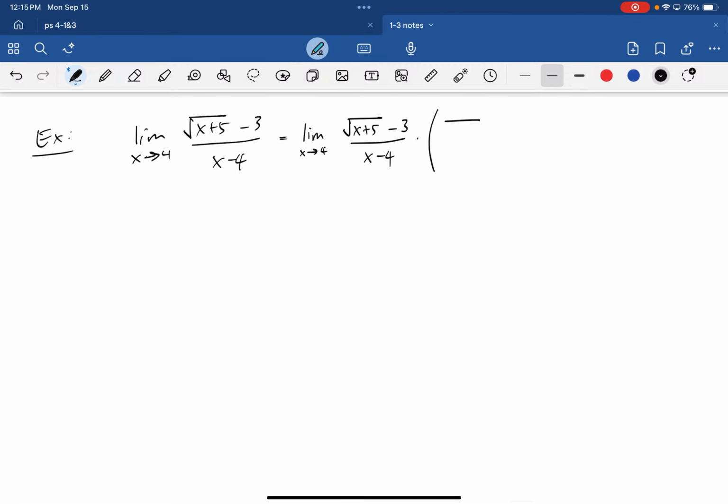What we're going to be doing is multiplying both top and bottom by the numerator except with the minus sign switched with the plus. So square root of x plus 5 plus 3 over square root of x plus 5 plus 3. And then the rest of the question is really just simplifying this and getting an answer, which is... Nobody?